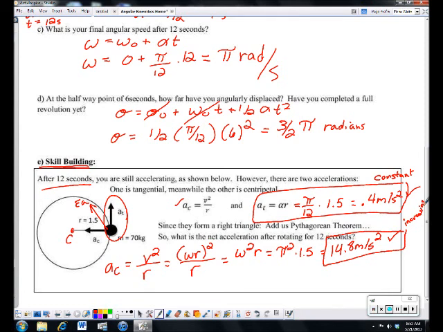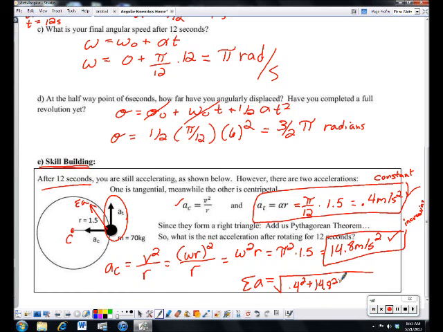If I wanted my total net acceleration, I would say the square root of 0.4 squared plus 14.8 squared. Let's see if it even makes a difference. Take the square root. It goes up a little bit, not a ton.